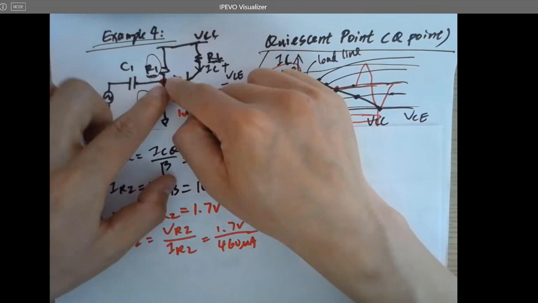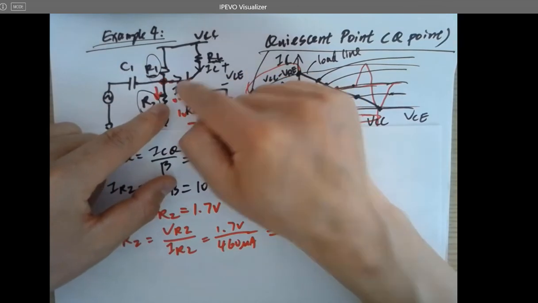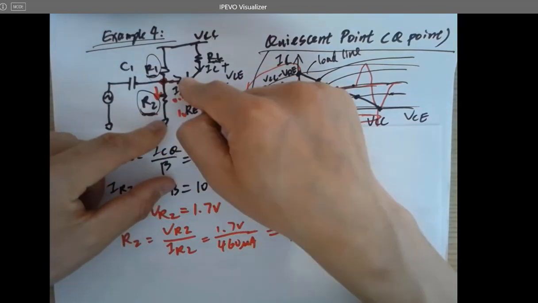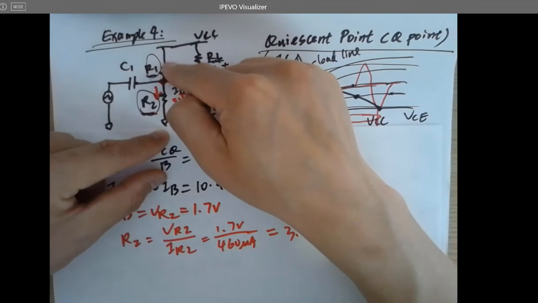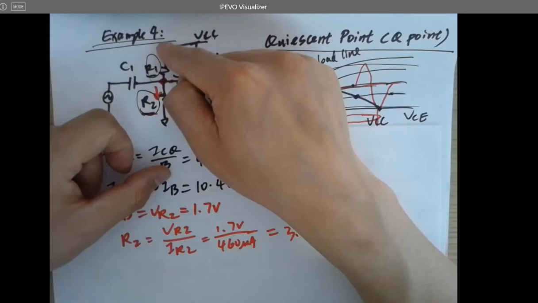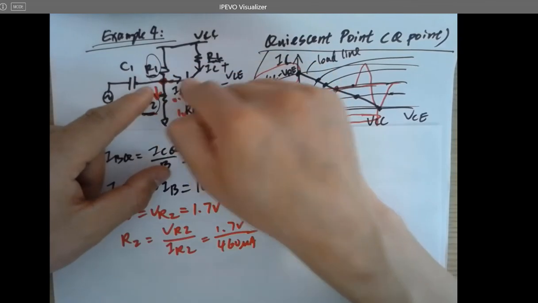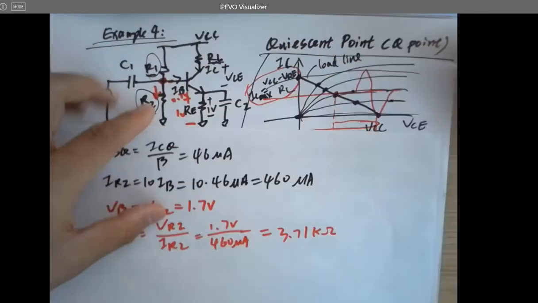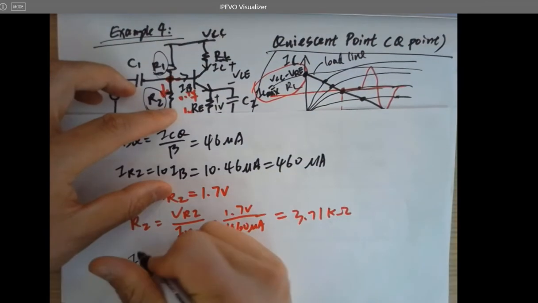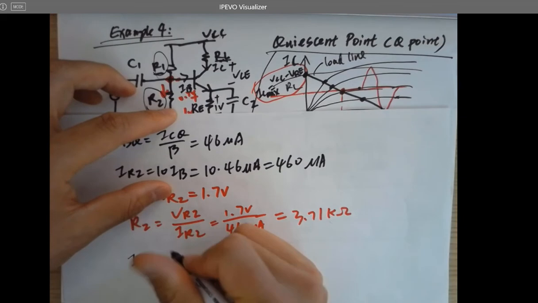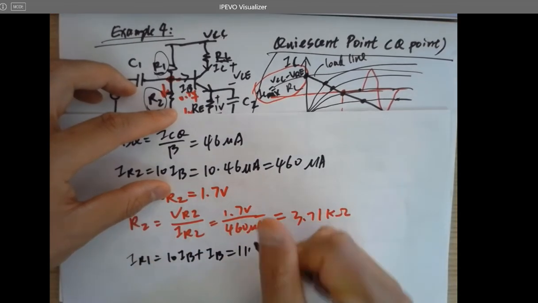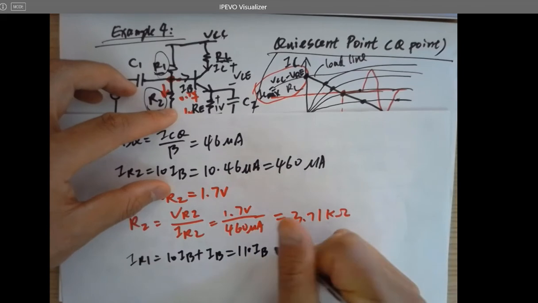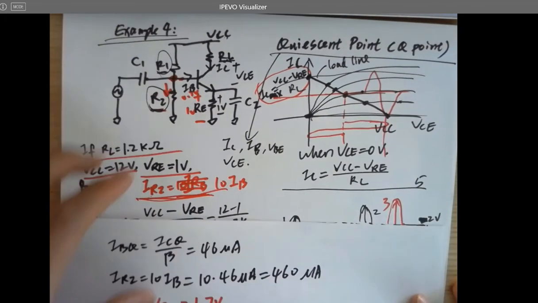And then 2 branches. That's 1 times IB, and that's 10 times IB. So I got 11 times IB. IR1 is 10 times IB plus IB, which is 11 times IB.